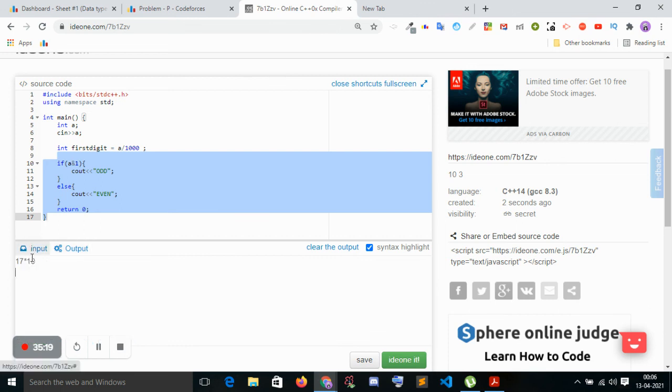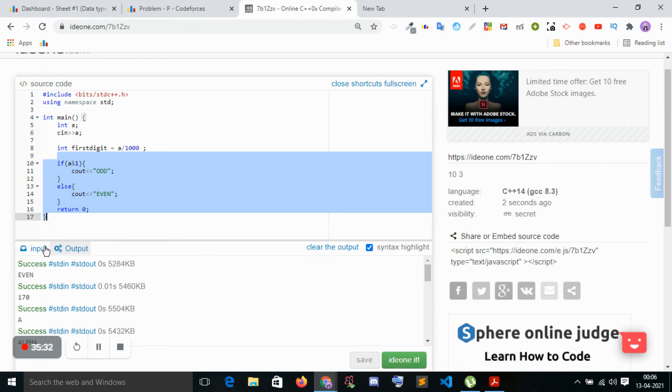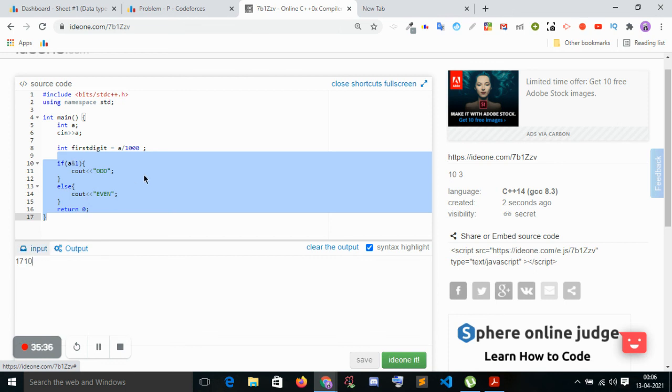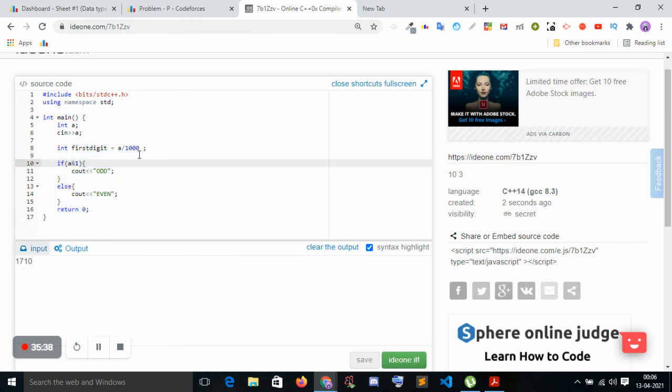Okay, so let's try it. 1710, it should be odd, because 1 is odd. Wait, a and 1. Oh, sorry, it's not a, it's first digit.